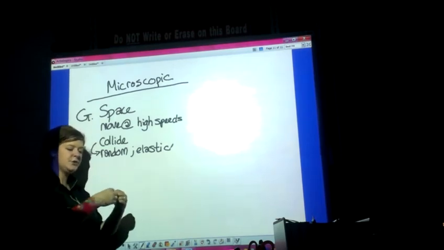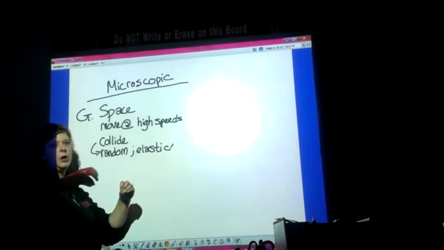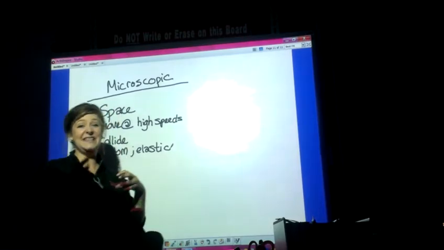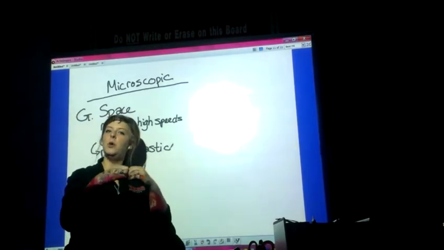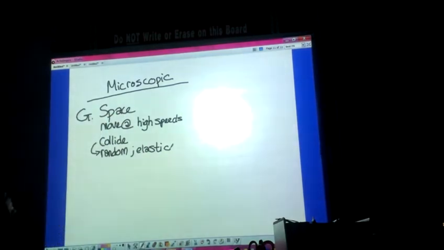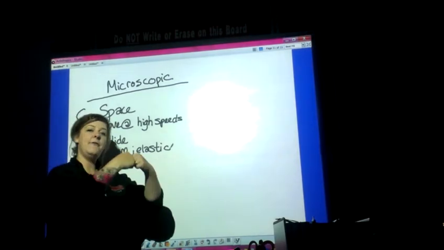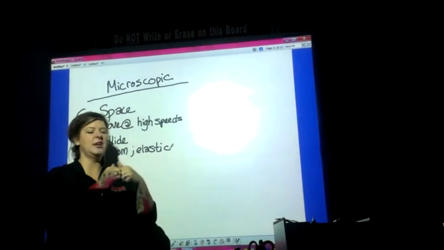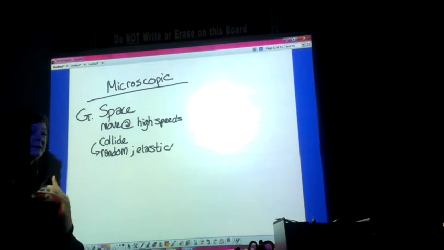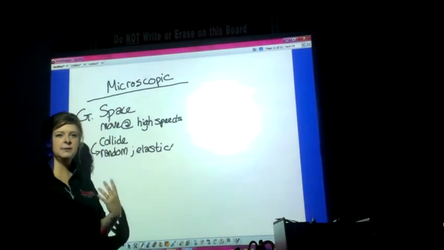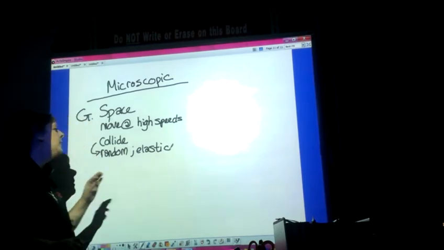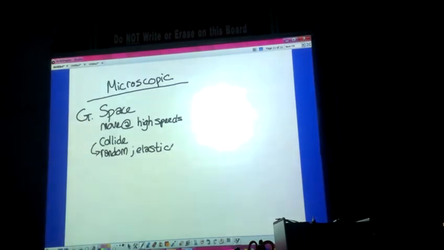When they bounce off one another, those molecules are still going to stay intact. And then also I'm not going to lose any energy once they collide with one another. An inelastic collision would be where I would have a collision and then I would lose some type of energy. Usually that energy that's lost in an inelastic collision is due to friction or heat. In the real world that happens, but in our ideal chemistry world, we pretend like that doesn't happen. Okay, so gases, lots of space, move at high speeds. Their collisions are elastic, those collisions are random.